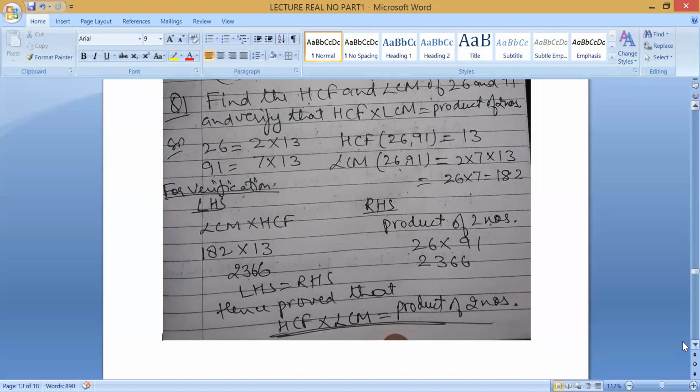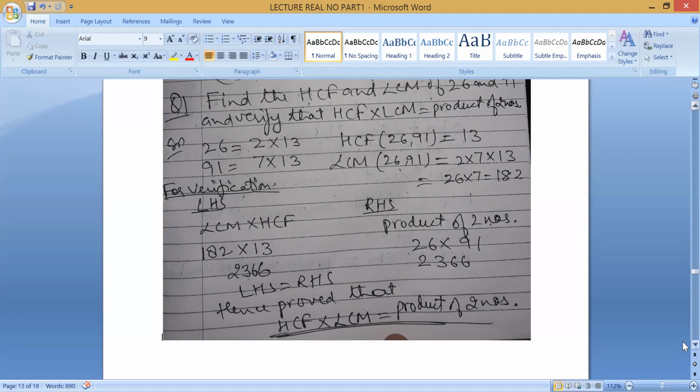After that, the LCM of 26 and 91. Whenever you have to find the LCM, you have to take all the numbers. 2 is there in the factors of 26, but in 91, 2 is not there, so take that 2 also. 7 is there in 91 but not in 26, so you will take 7. 13 is common, so you will take 13 once.